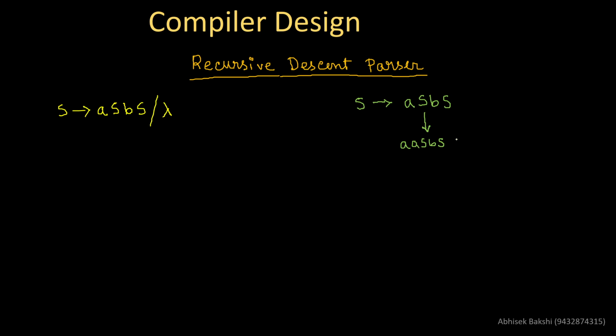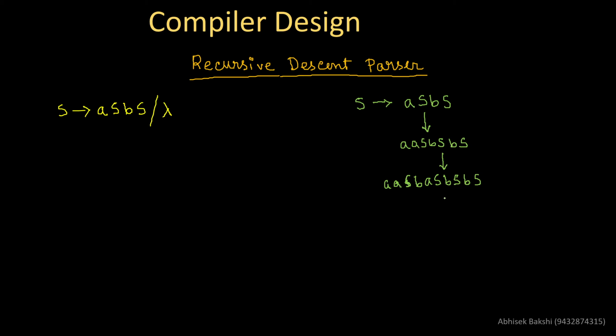So this will be A, and on this side I have a B. Now let's take the second S and explore this again. So what will I get? I will get again ASBS, and on this side I have again B, and on this side I'll have A, A, S, B, capital S and B.